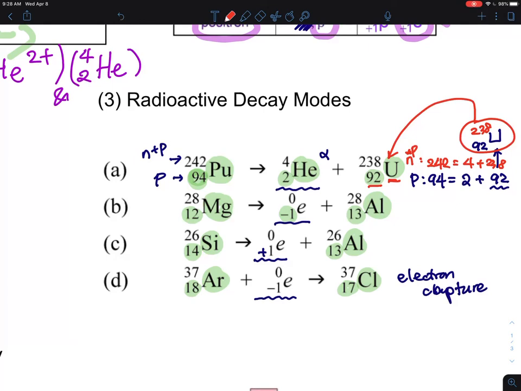Let me try one more example. Let me start with the number of protons. In the beginning it is 14, and then this is a positron, because it's like an electron with a positive charge.